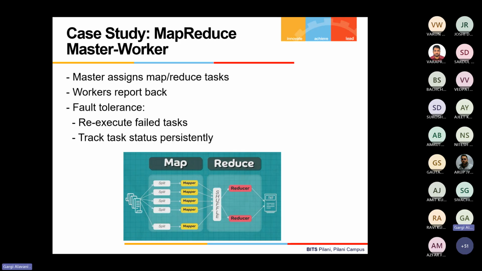This ensures fault tolerance. Also, all the tasks can be tracked persistently, which allows recovery if there are any failures, and we can also prevent duplicate execution in this system.